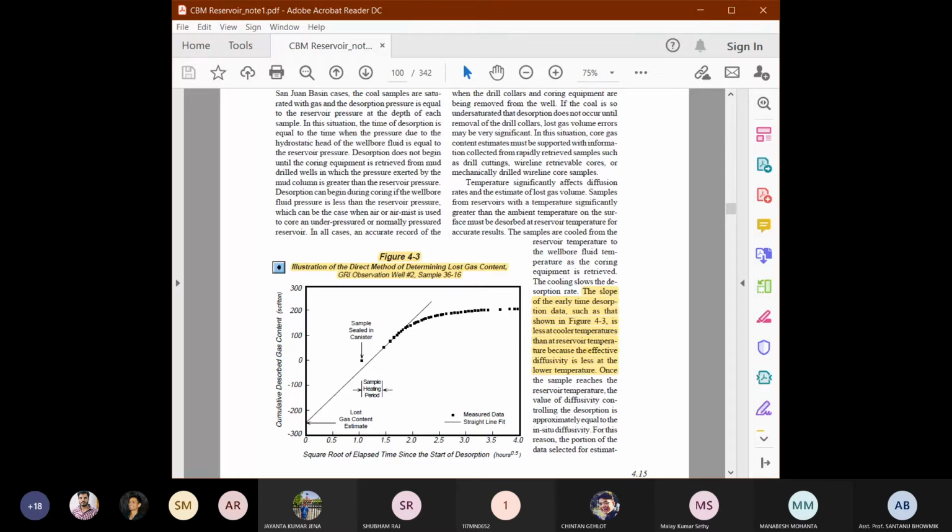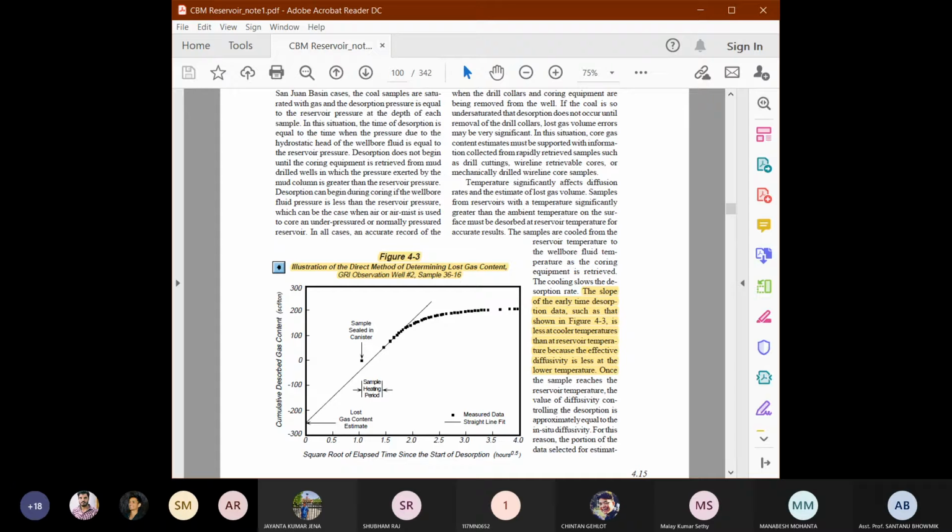The moment you put the core sample into the desorption canister with the pressure gauge, the gases will start to desorb, and the gases will accumulate in the desorption canister void volume. Okay. After some time, the gas pressure will rise up as it fills with gas. Now, again and again, as the gases desorb, it obviously gives rise to some pressure, so that pressure will be shown by the pressure gauge.